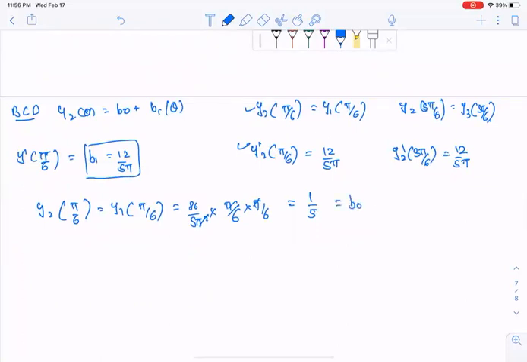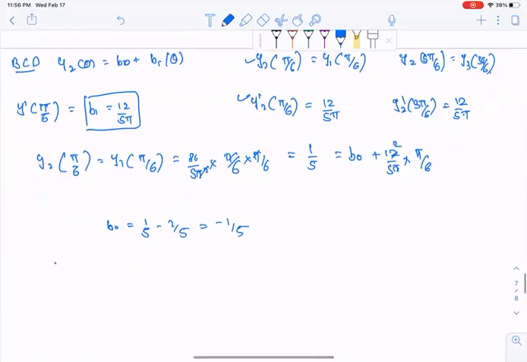And b naught plus 12 by 5 pi into pi by 6 equals that. So b naught is equal to 1 by 5 minus 2 by 5, and that is minus 1 by 5. That means y2 of theta will be equal to minus 1 upon 5 plus 12 by 5 pi into theta.